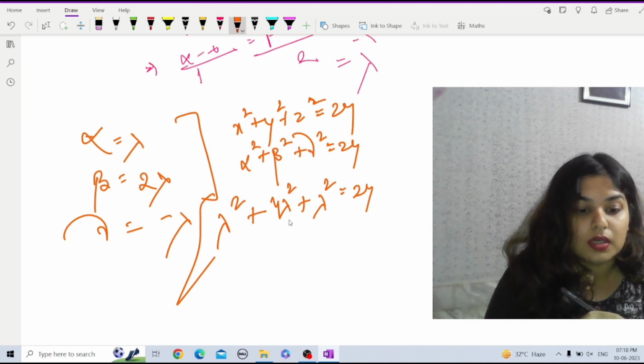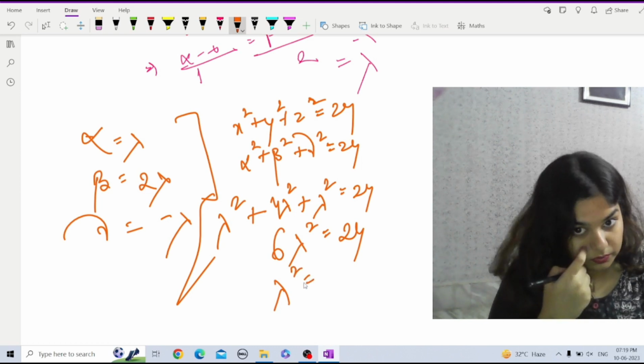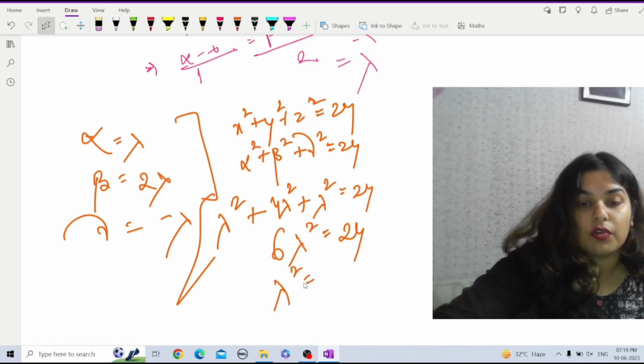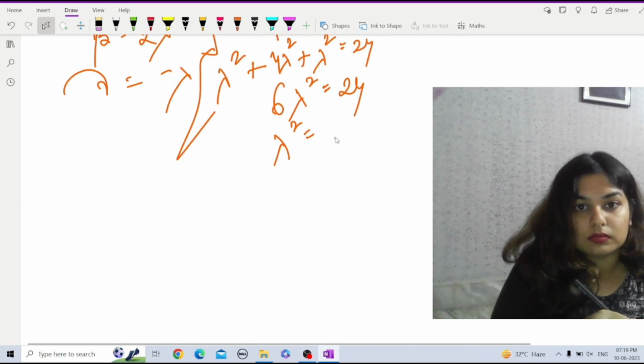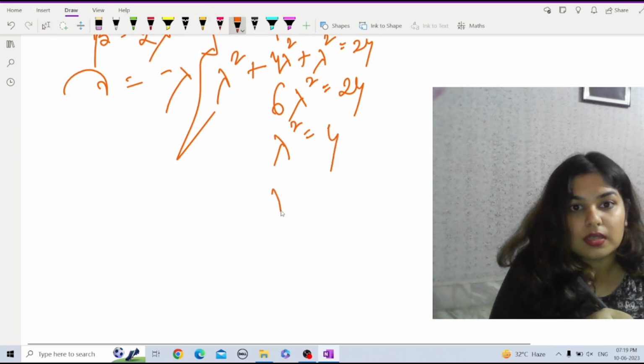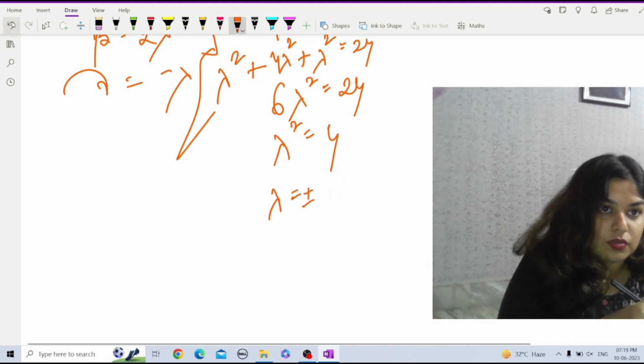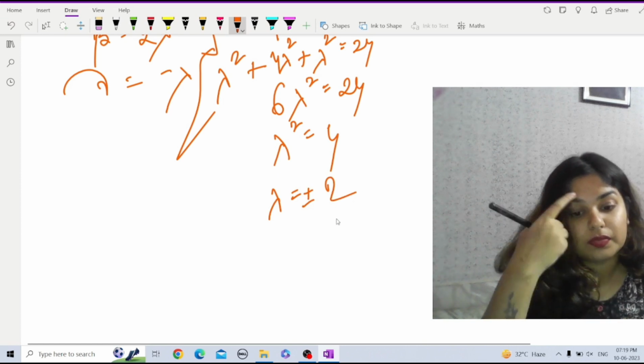So we have 6 lambda square equals 24, so lambda square equals 4. So lambda equals plus minus root 4, that is plus minus 2.